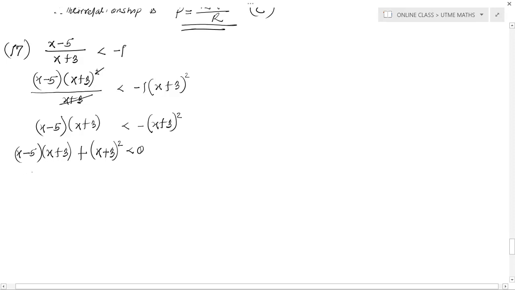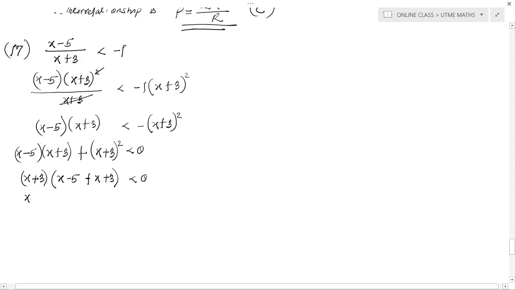So we now have something common. We have x plus 3 in bracket. This one has gone, that's the meaning. It means x minus 5. So here one of this bracket has gone, so it remains plus x plus 3 here, then less than 0 in this case.